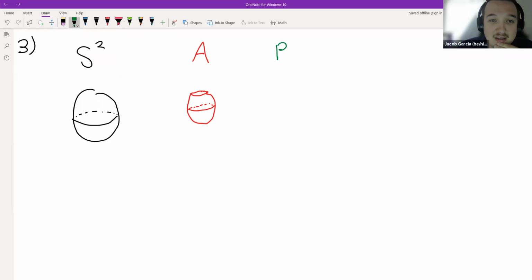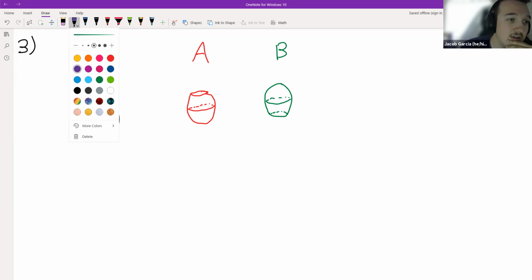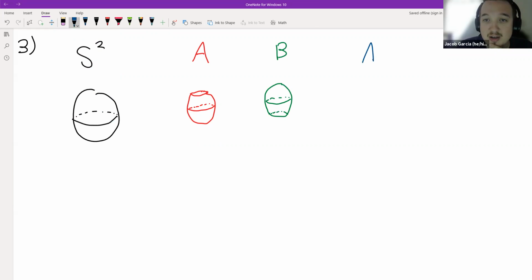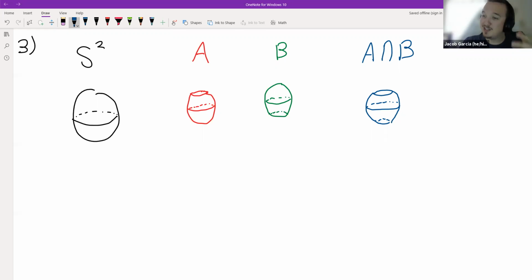So here's A and here's B. And their intersection, which the Mayer-Vietoris sequence also cares about, is like this lampshade.